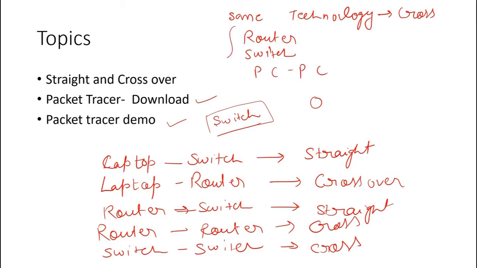Then we use cross. And whenever we have different technology, meaning router to switch or switch to router, that is the same thing, or switch to computer or laptop, then we use a straight cable.